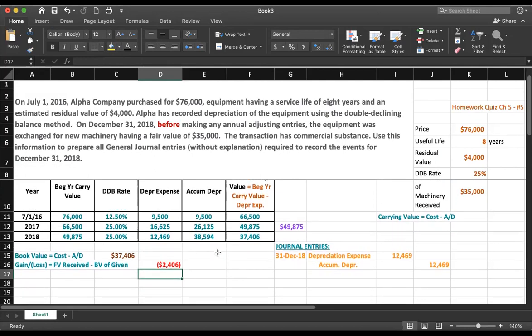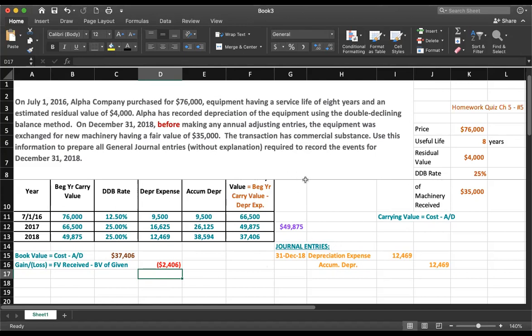All right, so now we're ready to make the second entry. And please note, the second entry is to record the exchange. So step number one, we need to remove from the books anything that is associated with the equipment that they are going to be giving up.